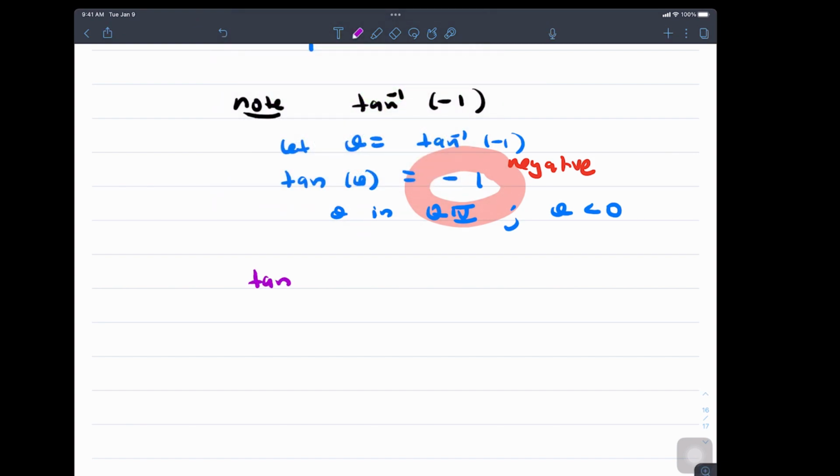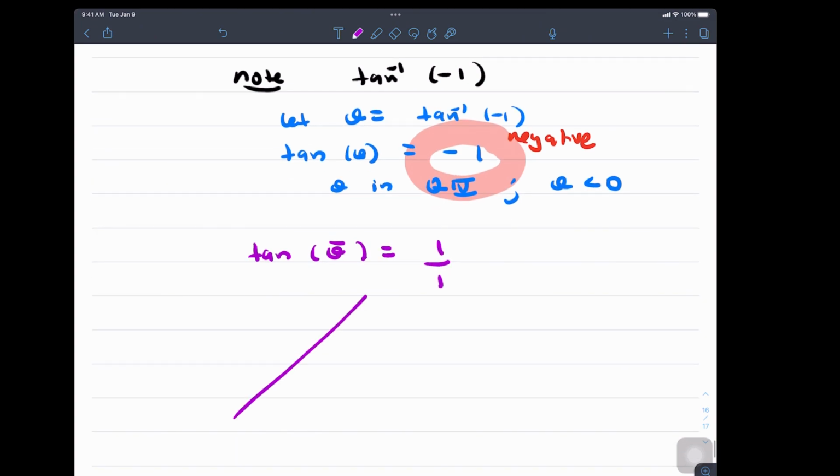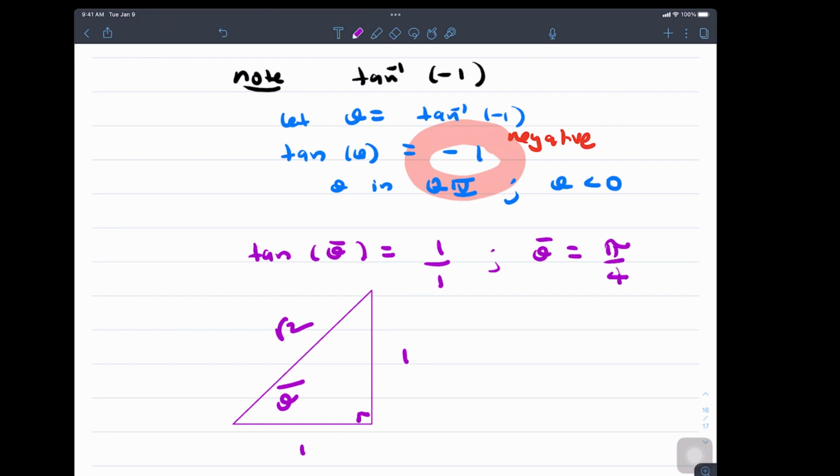If you don't know, we go to the reference angle, and then that's over 1. So all of that information we did prior applies. Theta, 1, 1, square root of 2, and that's the reference angle. So you go, oh yeah, my reference angle is pi over 4, okay? Because it's the quadrant 1 angle. So if you know your reference angle is pi over 4, then what does this all really mean?